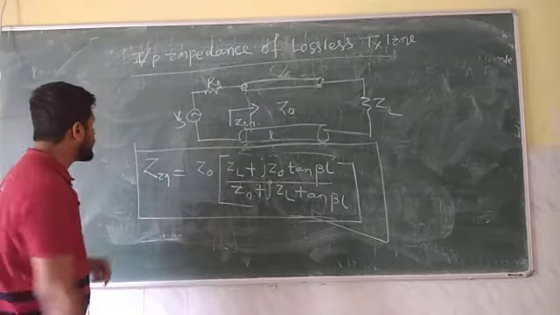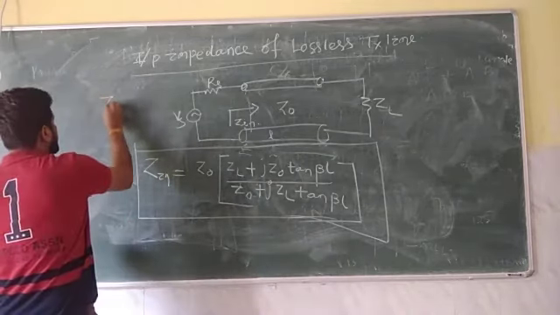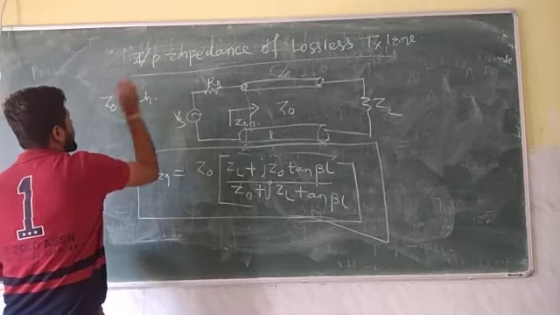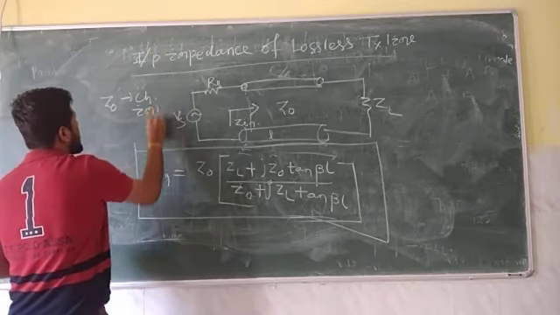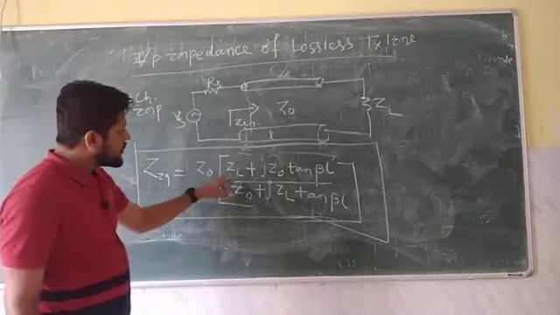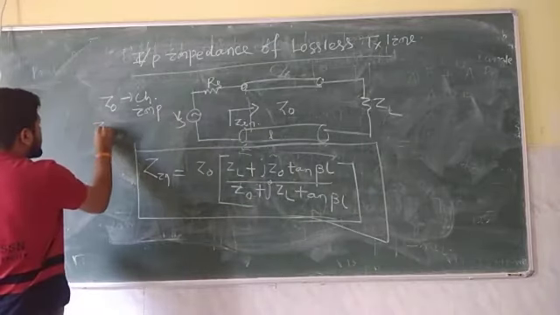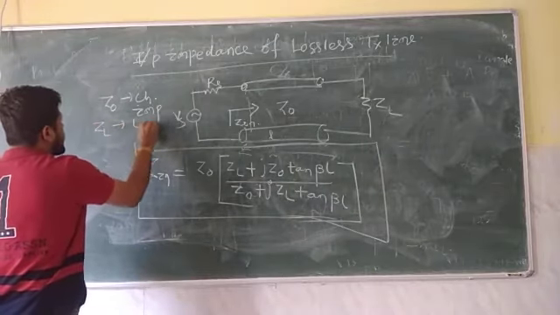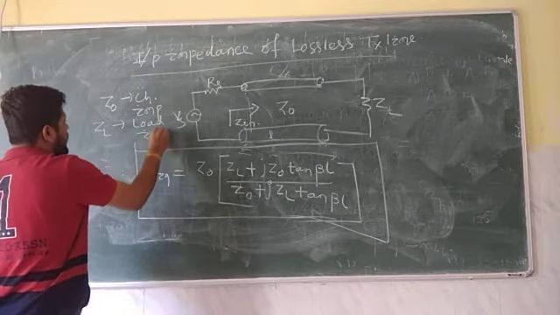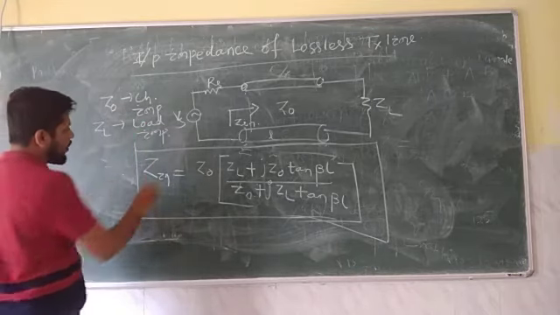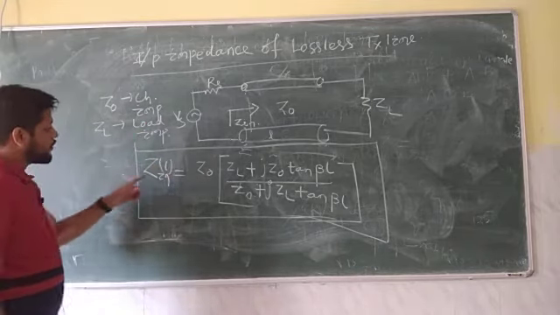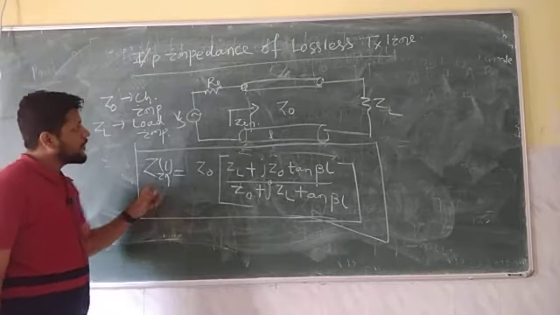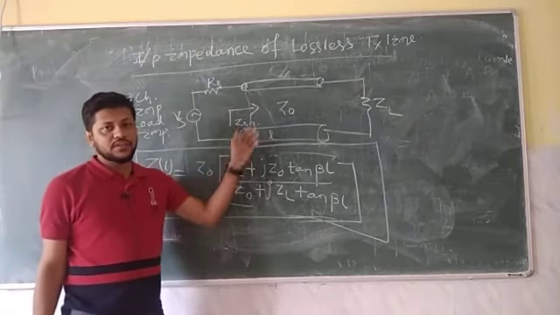So this input impedance formula is: Z0 is your characteristic impedance. ZL is your load impedance. And another term you have here, that is your Zin. Zin means input impedance, the impedance seen from this side.